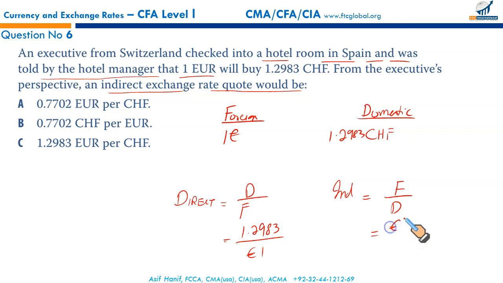So 1 euro is obtained by giving 1.298 Swiss francs. And if you simplify this, this will give you 0.7702 euros per Swiss franc. Right, so that makes A to be the correct option. 0.7702 euros per Swiss franc, that's A.